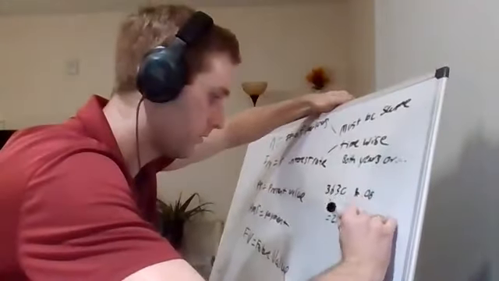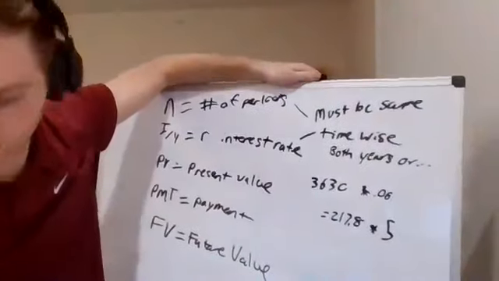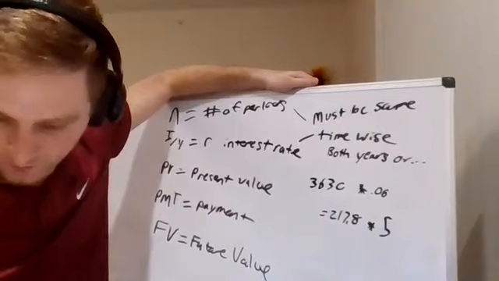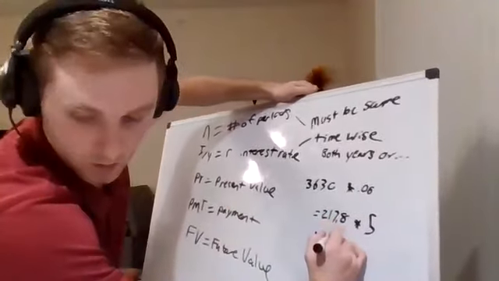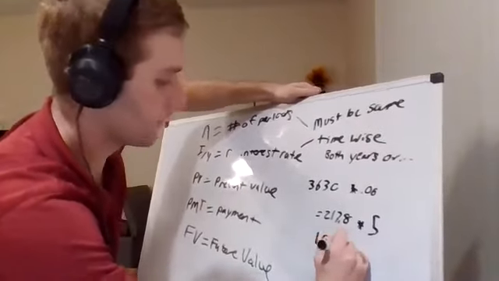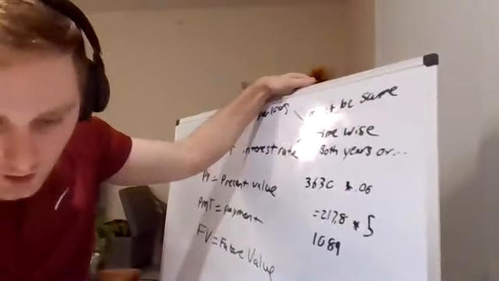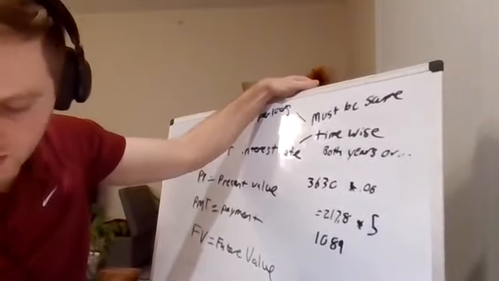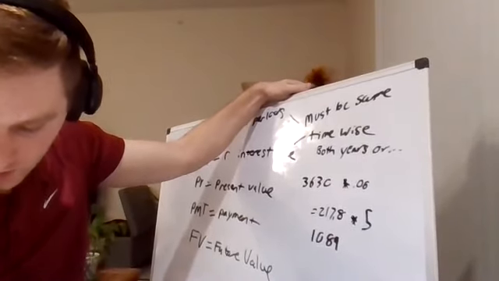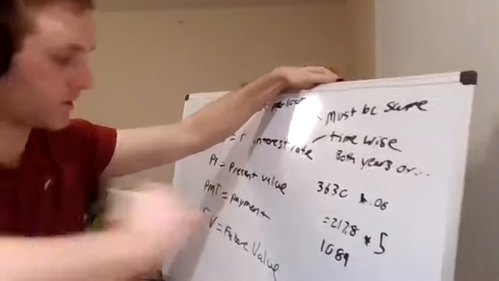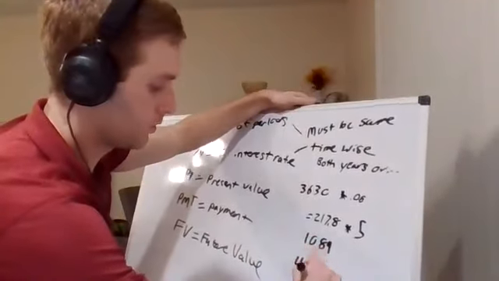Times 5 equals 1089. Now it's asking us, how much money will you have? So we take that 1089 and add it to our base 36.30. That gives us 4719.